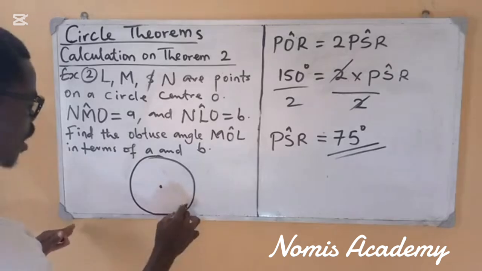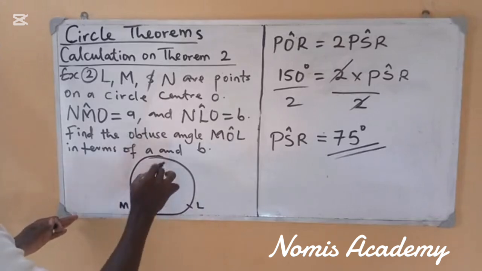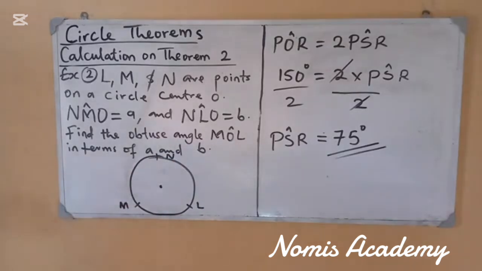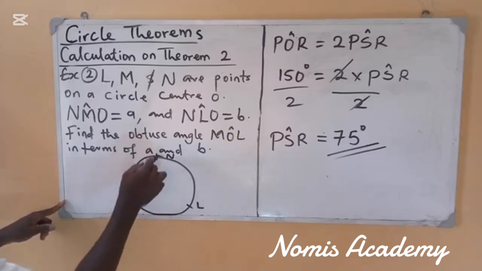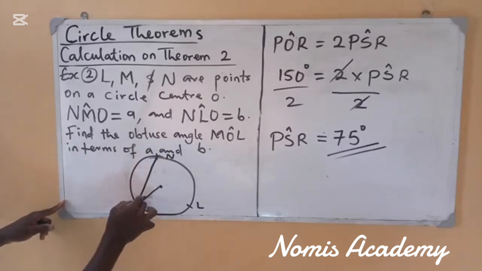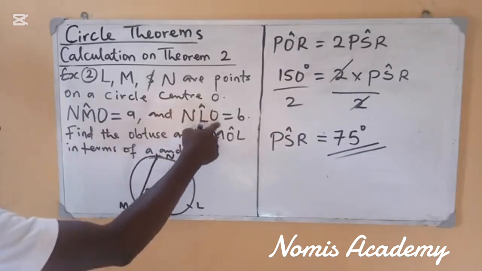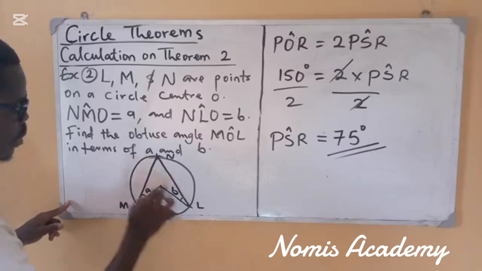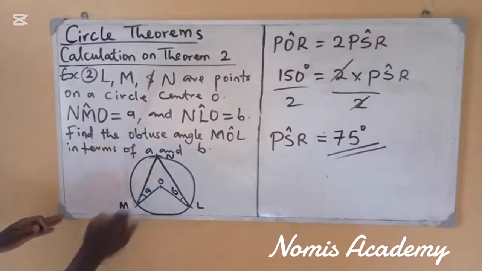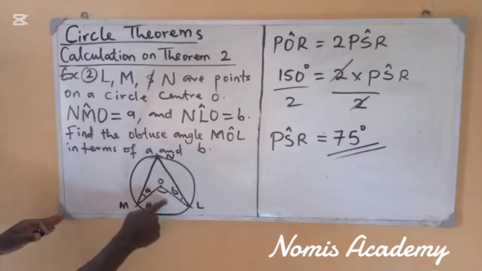All right, so let's call here L. We take here to be M, and then we take the upper part to be N. Now, NMO is A, and NLO, we have it to be B. Now we are asked, the center is O, we are asked to find the obtuse MOL. So this is the obtuse MOL.